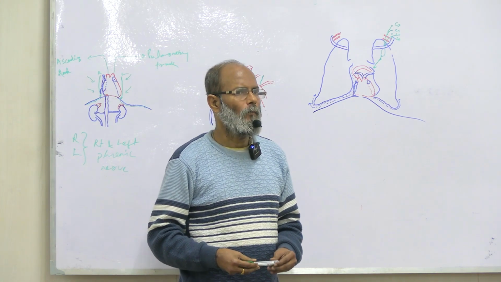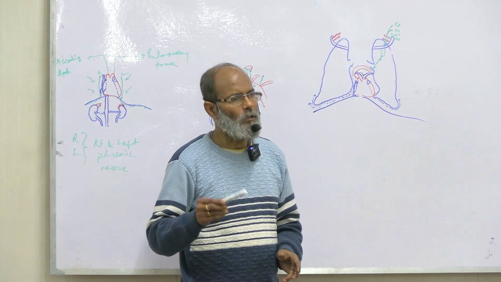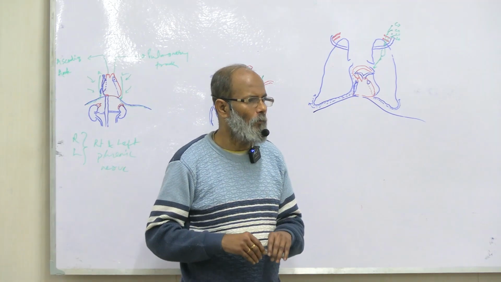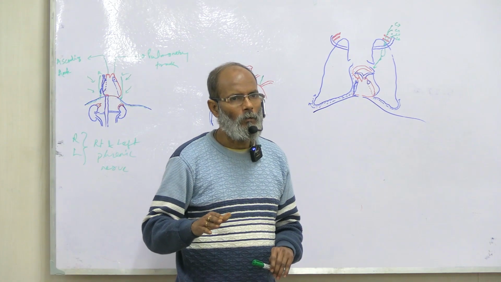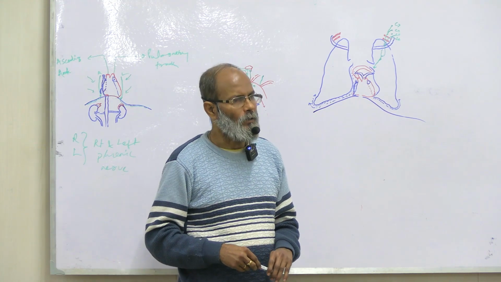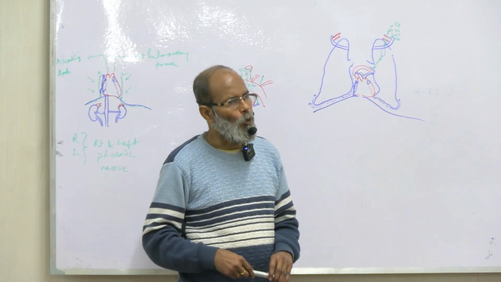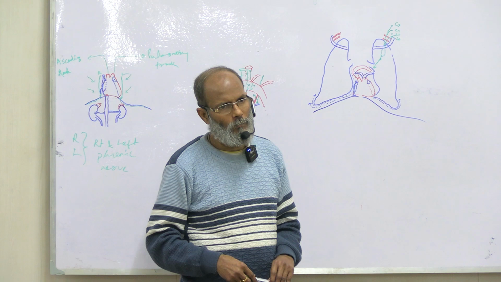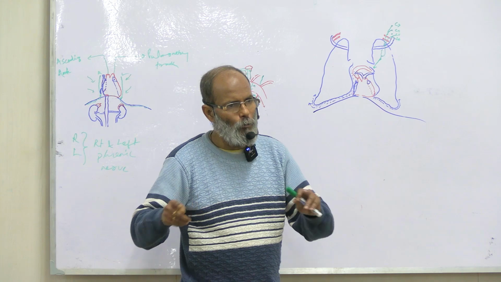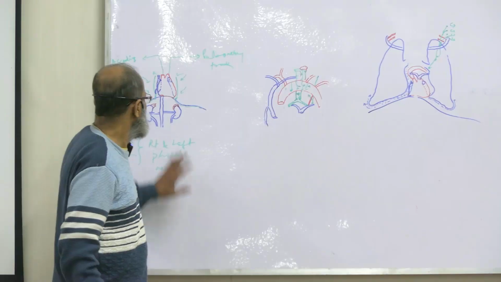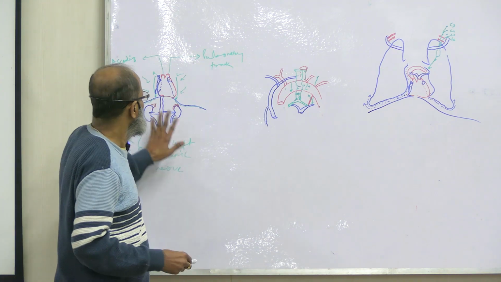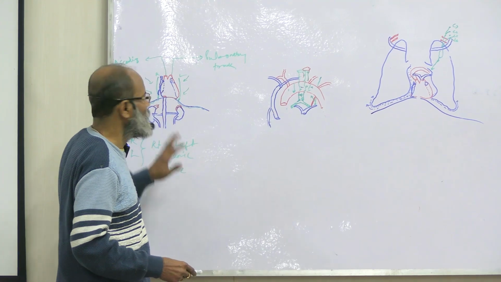It is customary to describe the branches of the phrenic nerve from the inferior surface of the diaphragm. Some people say that the superior surface of the diaphragm is also supplied by the phrenic nerve. Okay? It enters the abdomen, piercing the diaphragm, and usually supplies from the inferior surface.